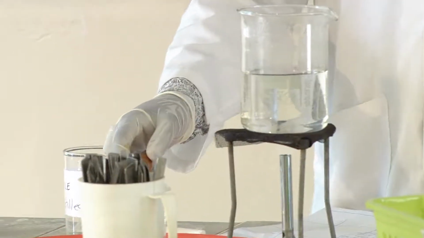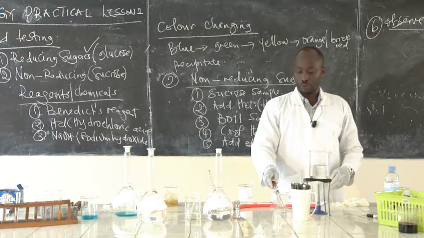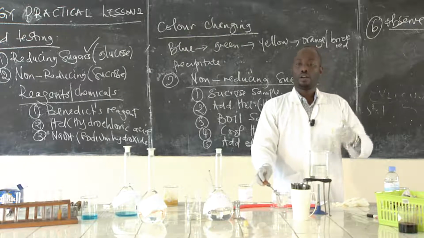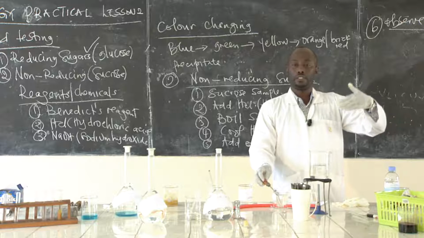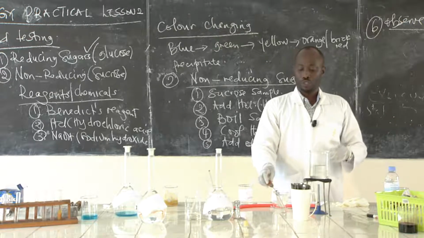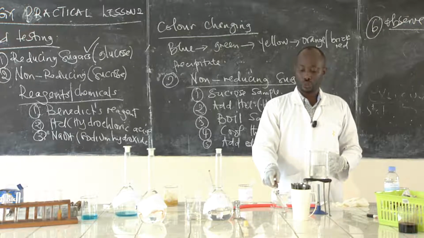After that, the next step is to add the Benedict solution. You take about 3 to 4 minutes of cooling, and then after you remove the sample, you add the Benedict solution.